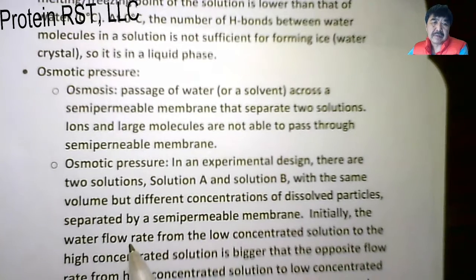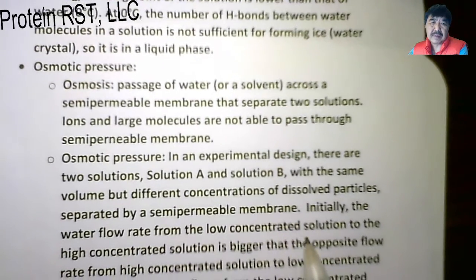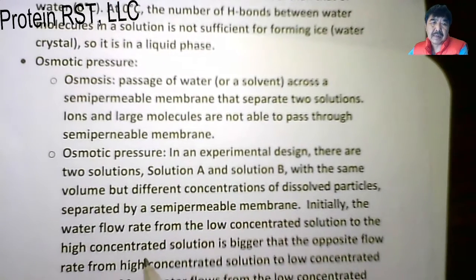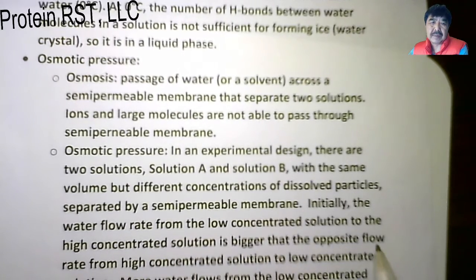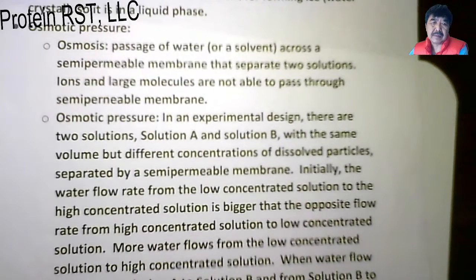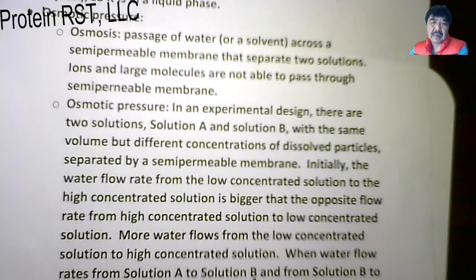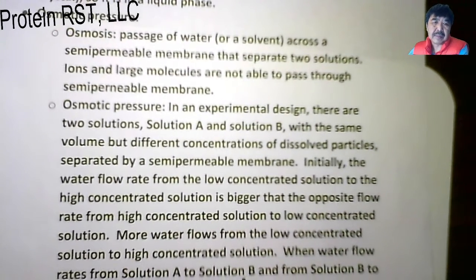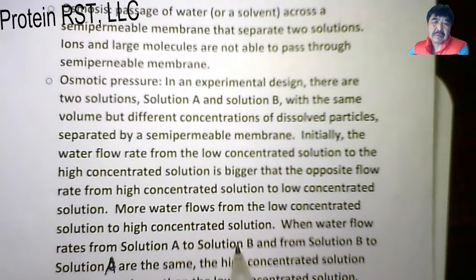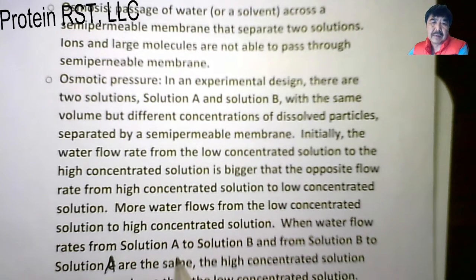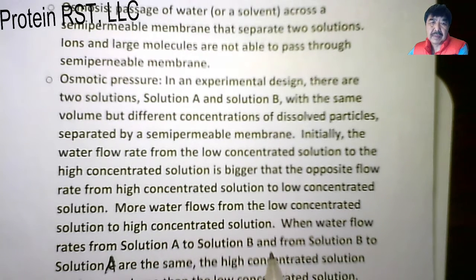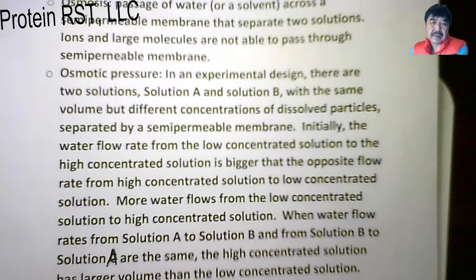Initially, the water flow rate from the lower concentration solution to the higher concentrated solution is bigger than the opposite flow rate from the higher concentrated solution to the lower concentrated solution. More water flows from the low concentrated solution to the high concentrated solution, until the water flow rates from solution A to solution B and from solution B to solution A are the same.